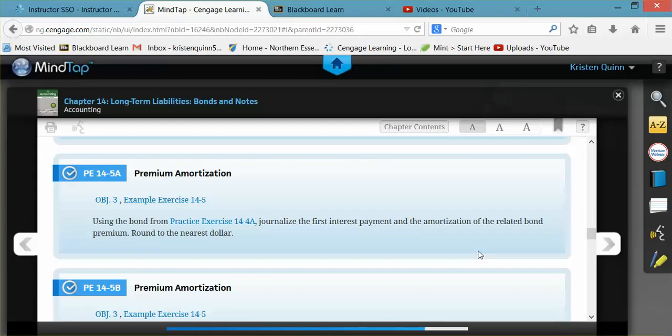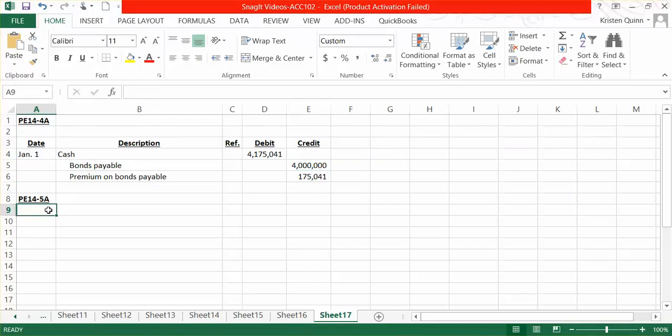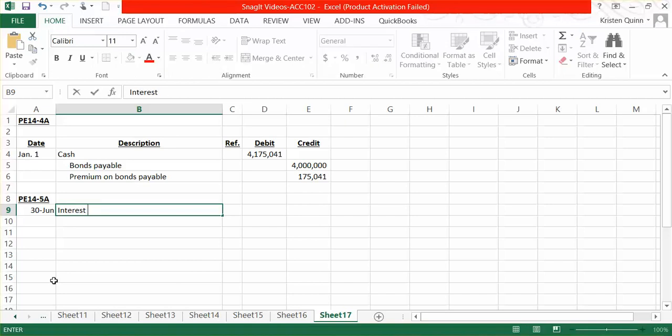We are now going to journalize the first interest payment and the amortization of the bond premium, and they tell us to round to the nearest whole dollar. Let's assume that our first interest payment is due on June 30th. Because we have to pay interest on a loan that we have, we record interest expense.